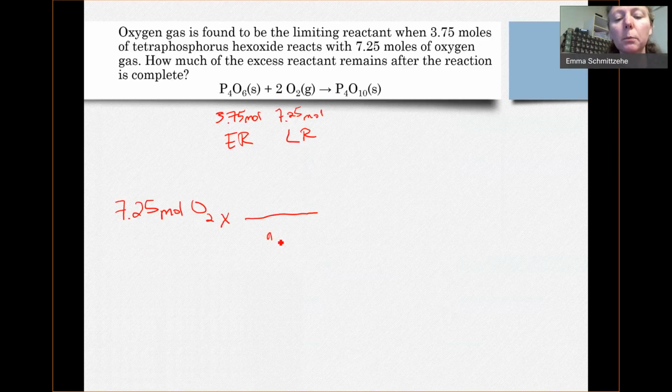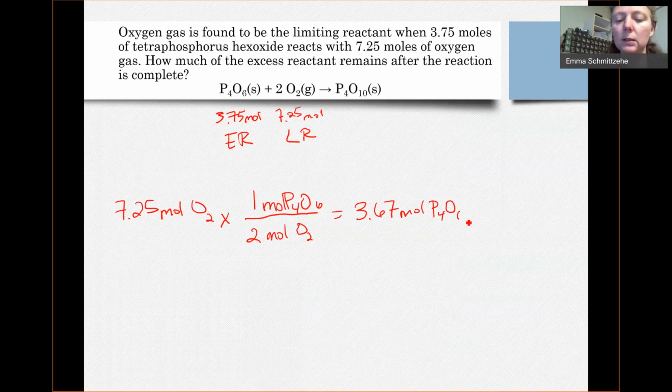So we're going to convert the moles of O2 to moles of P4O6, okay? So we do that by taking the stoichiometric coefficients from the balanced chemical equation. So 1 with P4O6, 2 with oxygen. And so that tells us that we have 3.67 moles of P4O6.